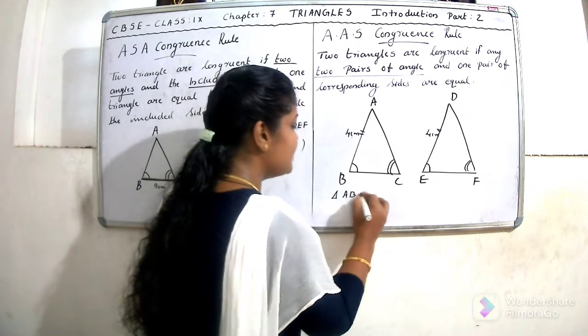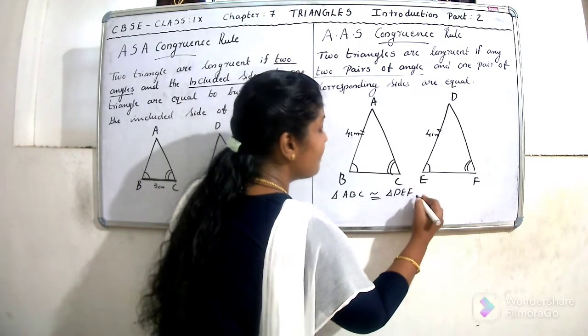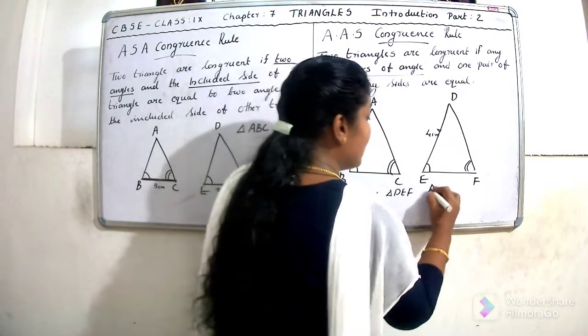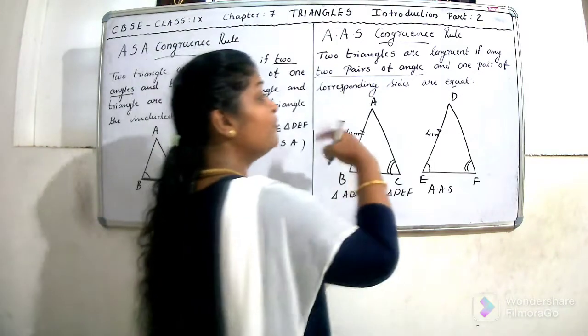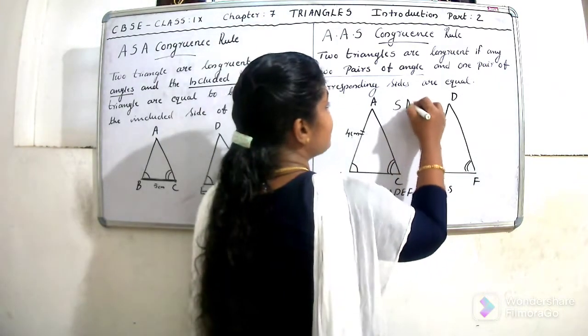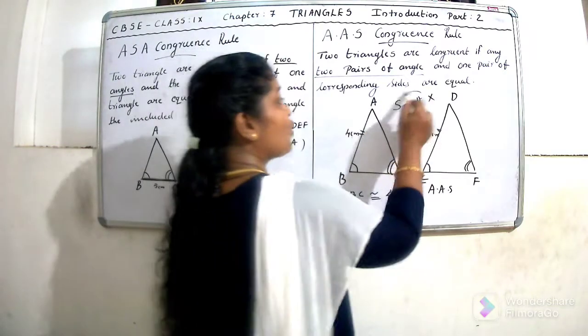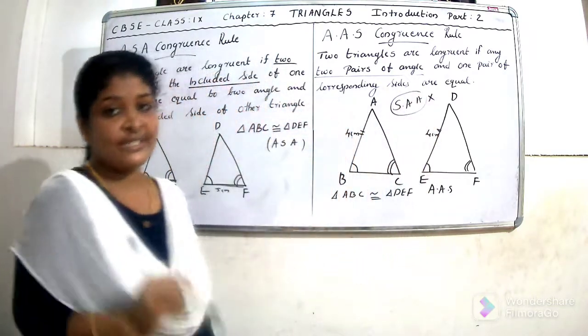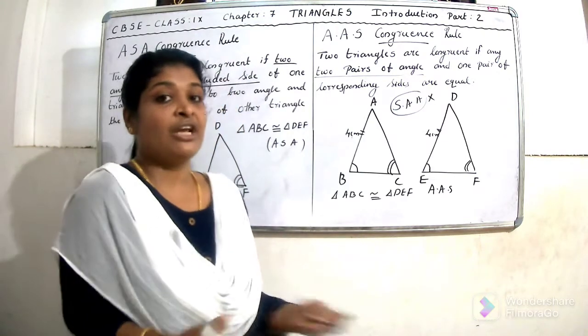Triangle ABC is congruent to triangle DEF by which criteria? AAS. Now if you are thinking, can we write this as AA? No, this is wrong. We have to use the same criteria as given. The letters here and there we can't shift.